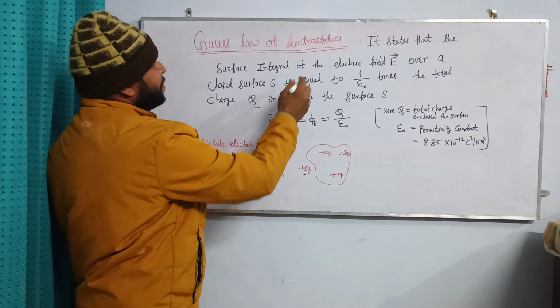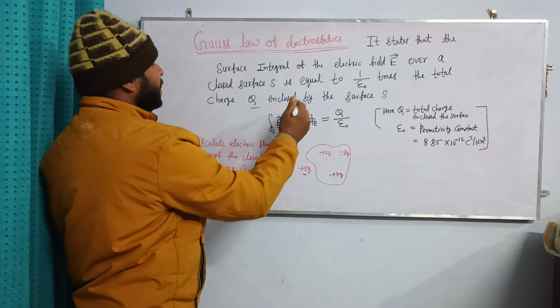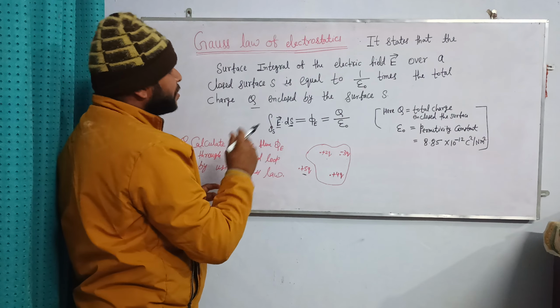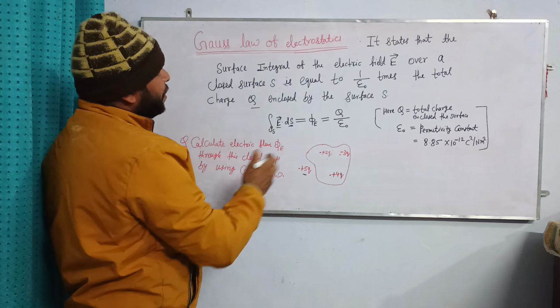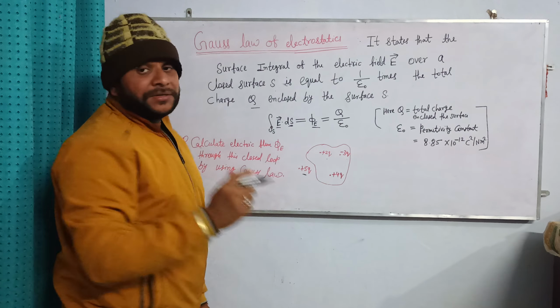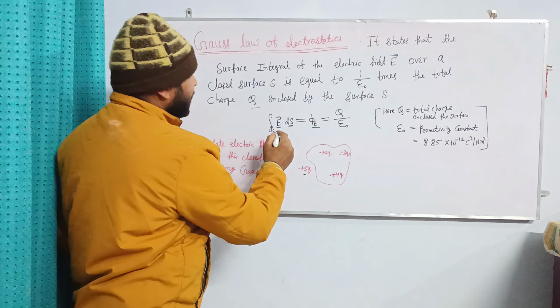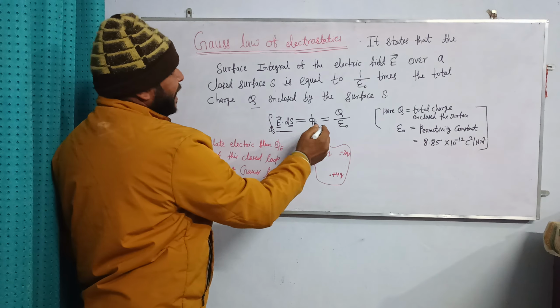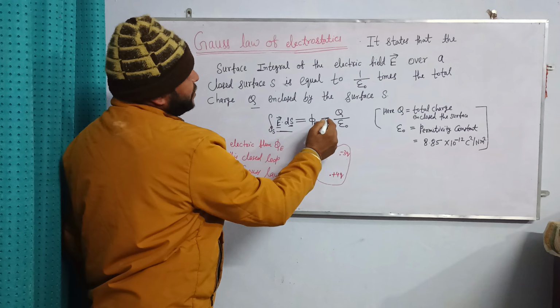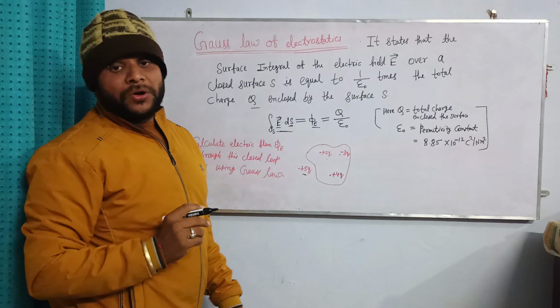If we take the surface integral of electric field over any closed surface, then we can find the electric flux. It is the value of electric flux and that is equal to Q upon epsilon naught.